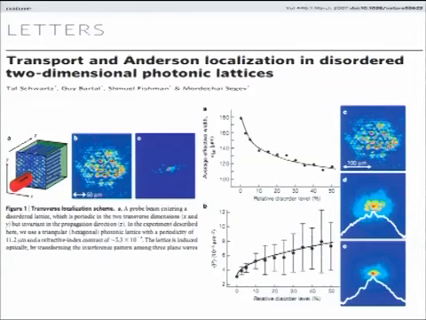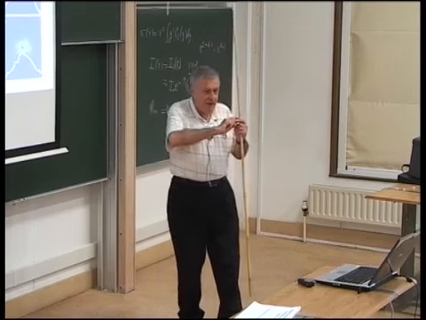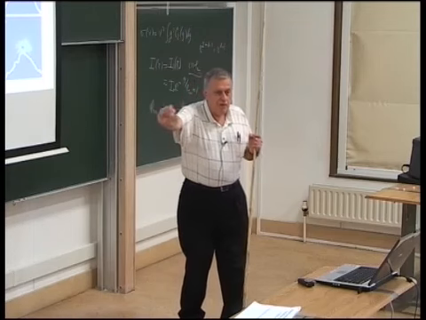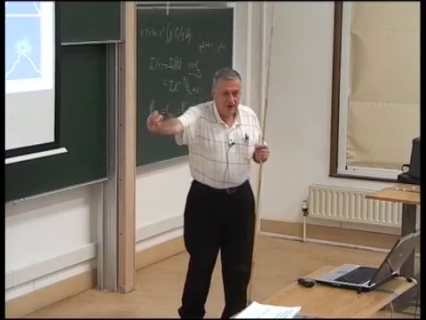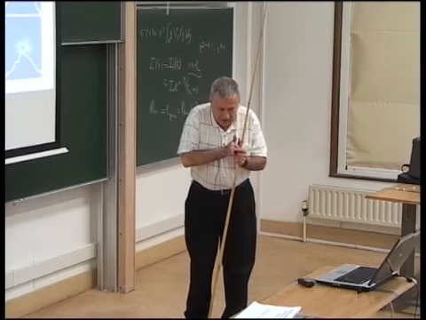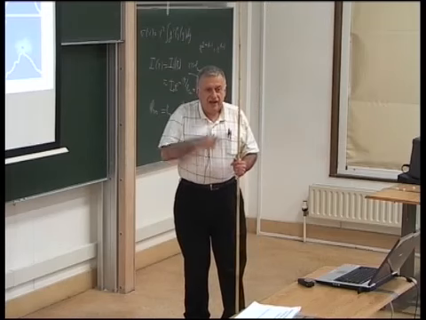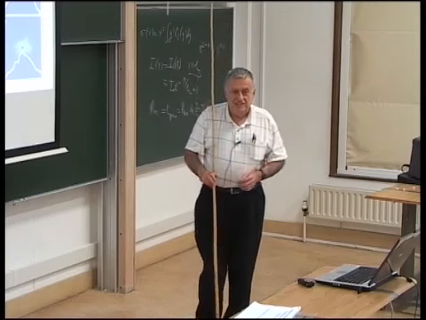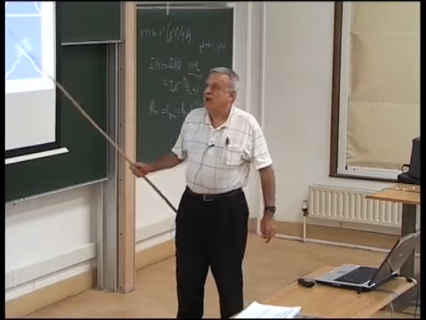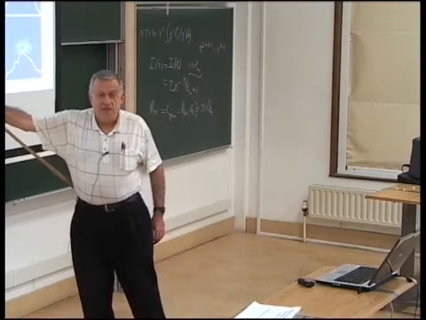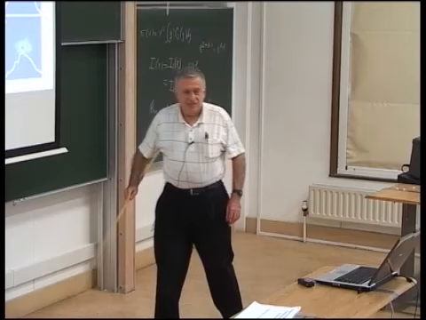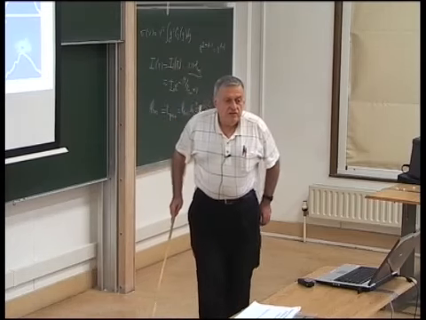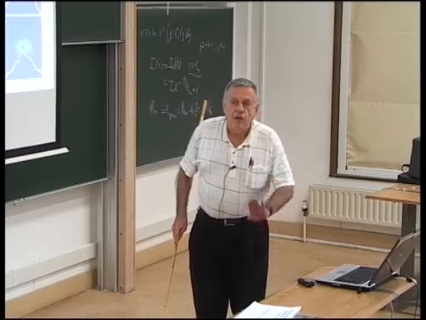And what you find here is the following picture. This is the periodic situation. We as theorists would like to see what happens when we propagate along the propagation direction, but the experimentalists have a different setup. Their propagation is fixed, and they can vary the randomness. So this is what they do. Pardon? It's linear. At the moment, it's linear.